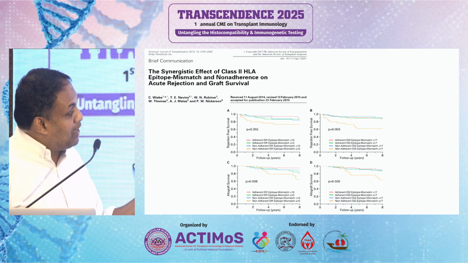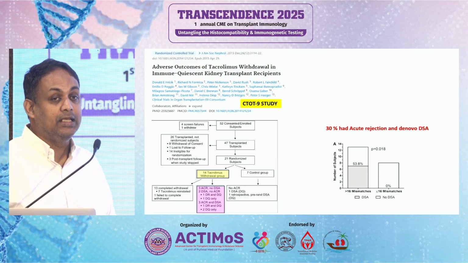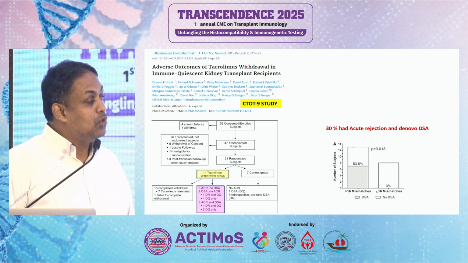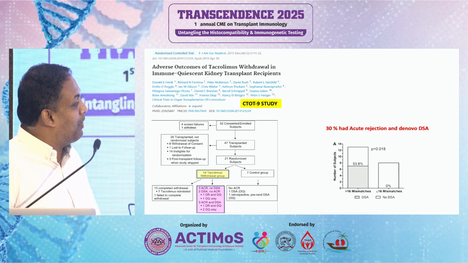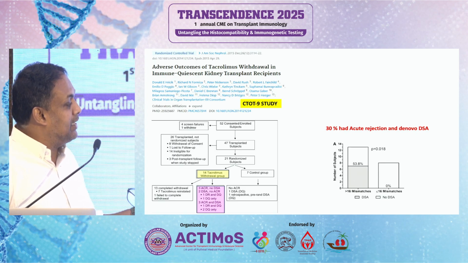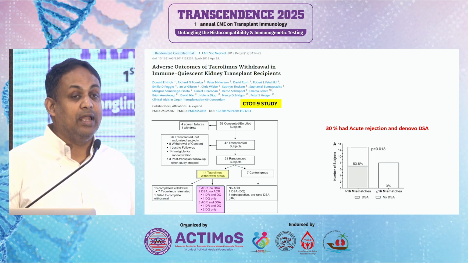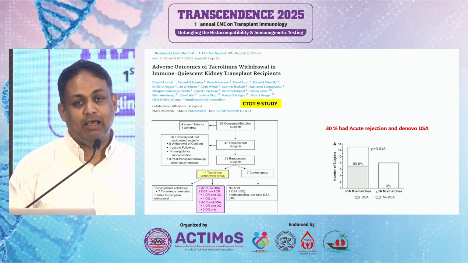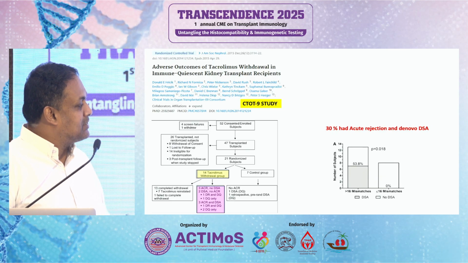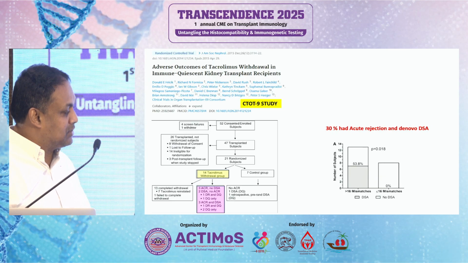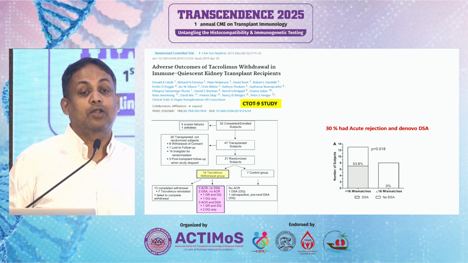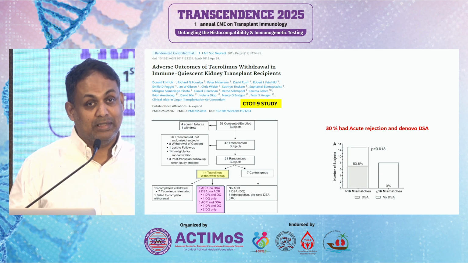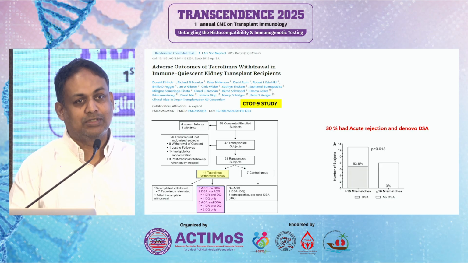And to add to that, there was another study, a bold study, the CTOT9 study, okay? It was a very bold paper. Actually, they had few patients, they did transplants, everything was fine, antibody-wise naive, immunologically naive patients, had some surveillance biopsy at 6 months and everything was clean. They dared to take the tacrolimus off. Okay, tacrolimus is the best, we all agree that it is the most important drug.